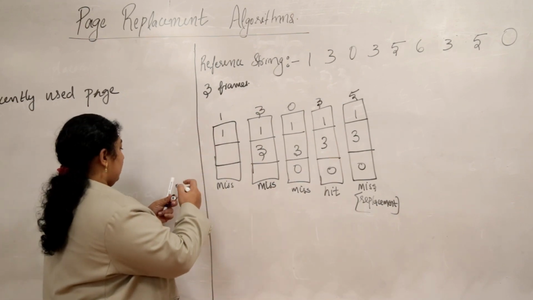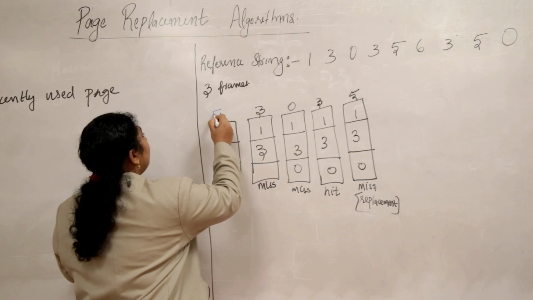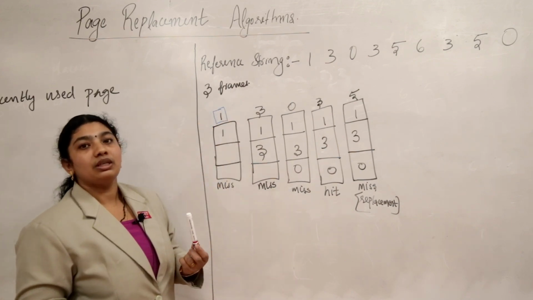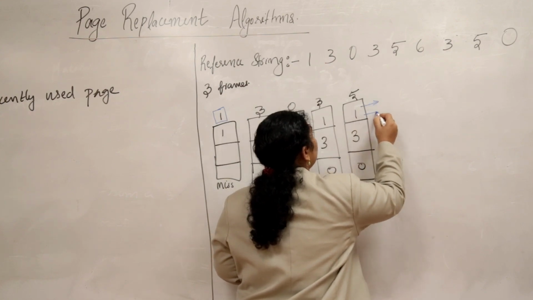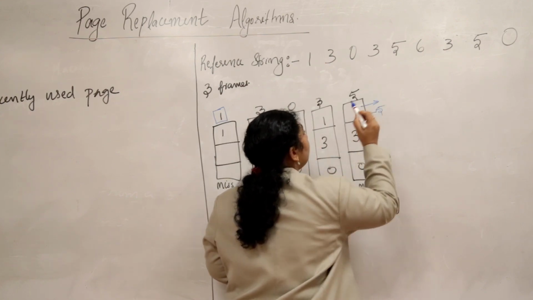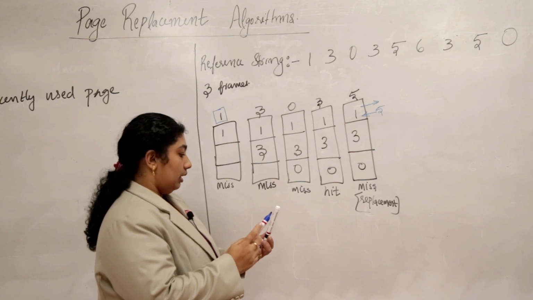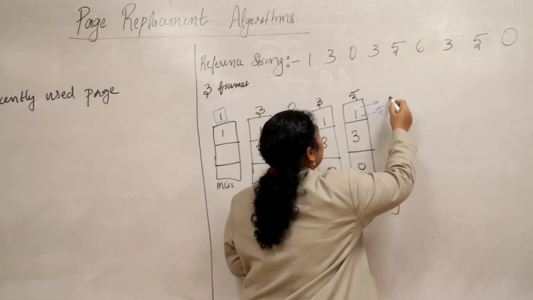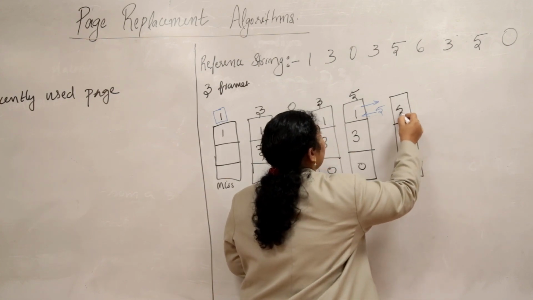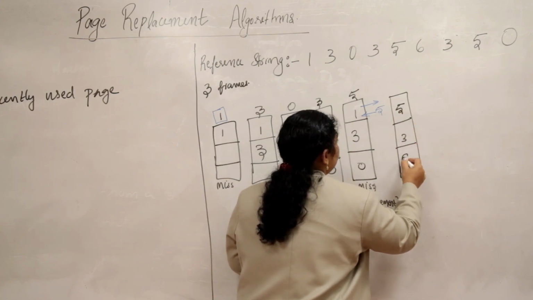So 1 is the least recently used page in this context. So 1 will be swapped out and 5 will be swapped in. So now our physical memory will have 5, 3 and 0.